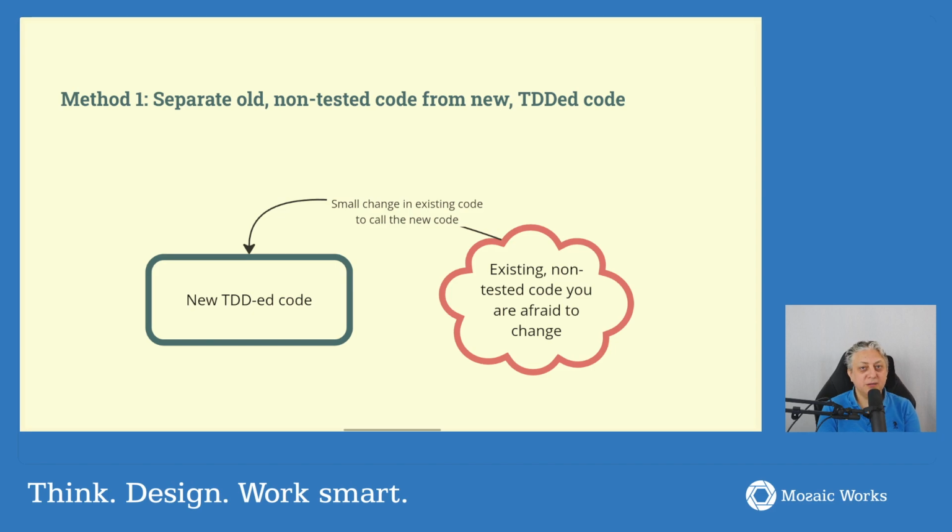Although maybe if one of the behaviors is buggy and it's implemented both in the existing code and in the new code, maybe you just change it in the new code and redirect all calls to the new code instead.